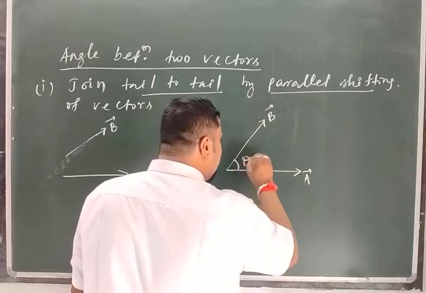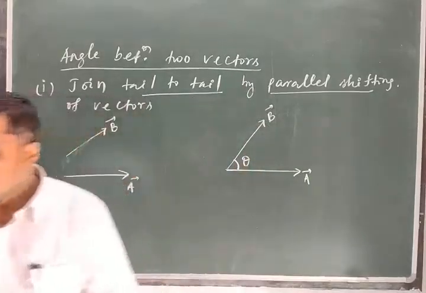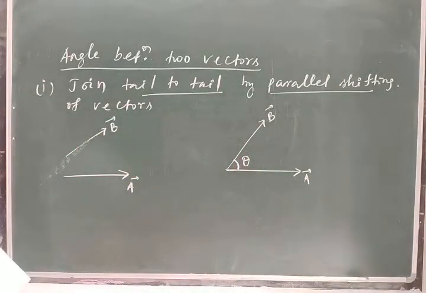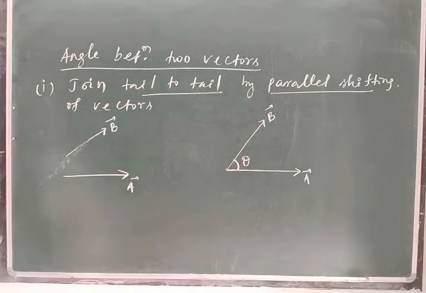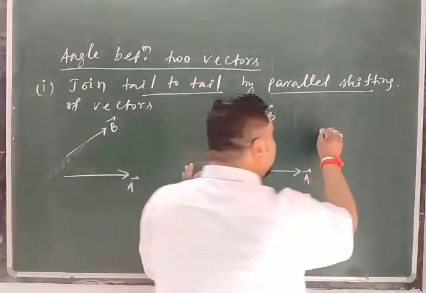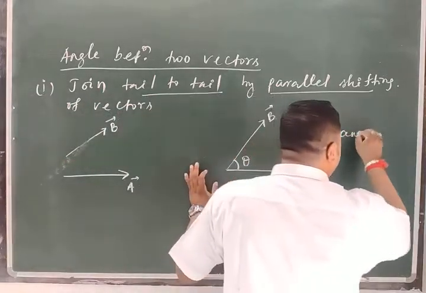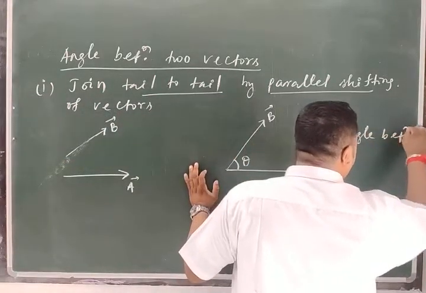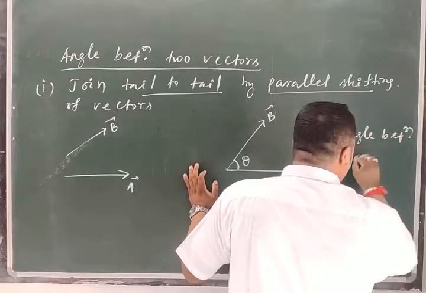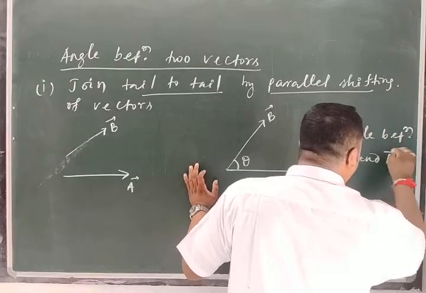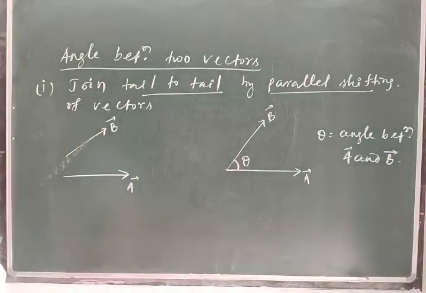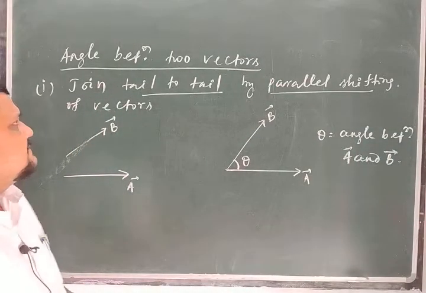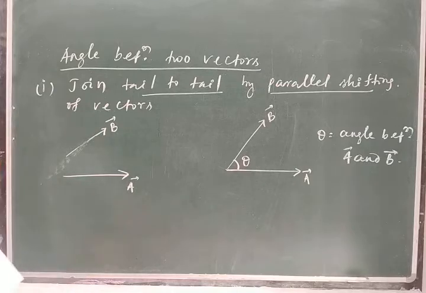This gives you the angle between the two vectors. Where the tail to tail joining is, that gives you the angle between vector A and B. So I can write here theta is the angle between vector A and vector B. By parallel shifting we got the tail to tail joining, and we get the angle between the two vectors.